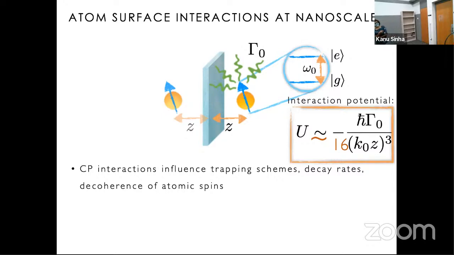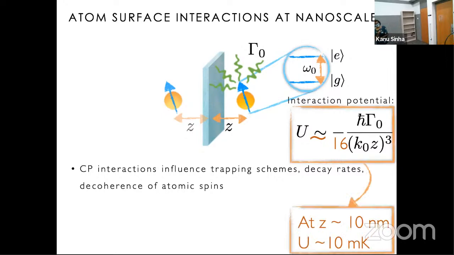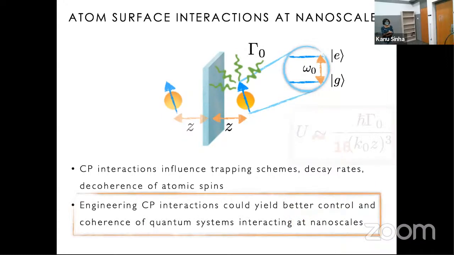And if we plug in some typical numbers in this expression, we can see that at, for example, distances of tens of nanometers, these forces are strong enough to overpower our typical mechanisms of trapping particles. So what this motivates us to do then is to come up with new ways to better control our particles near surfaces and preserve their coherences.